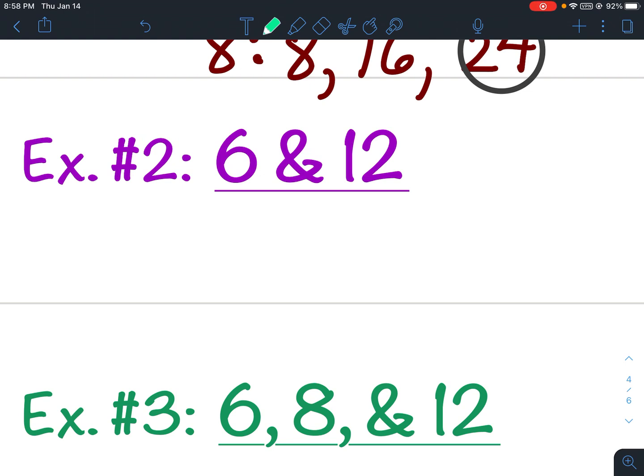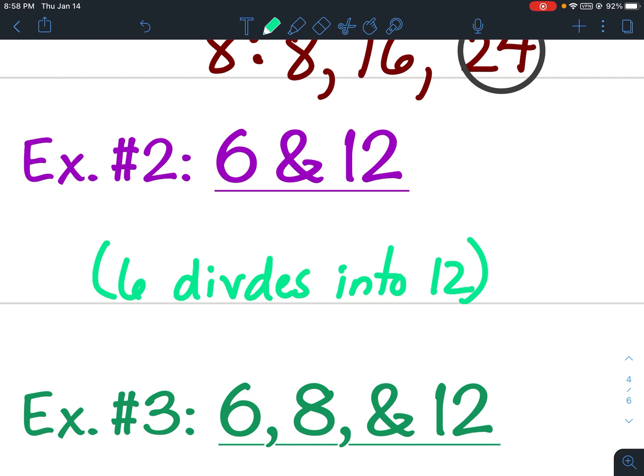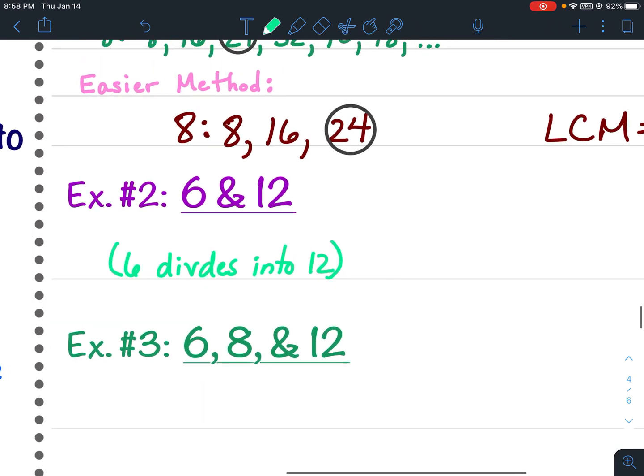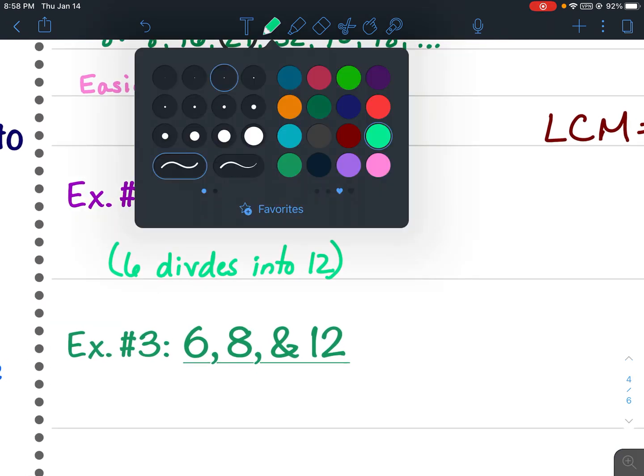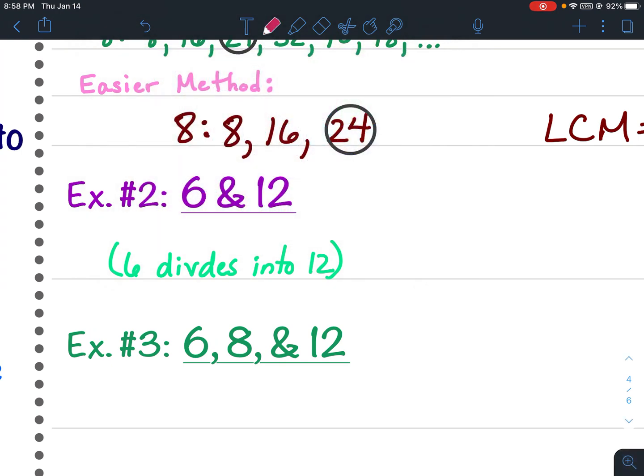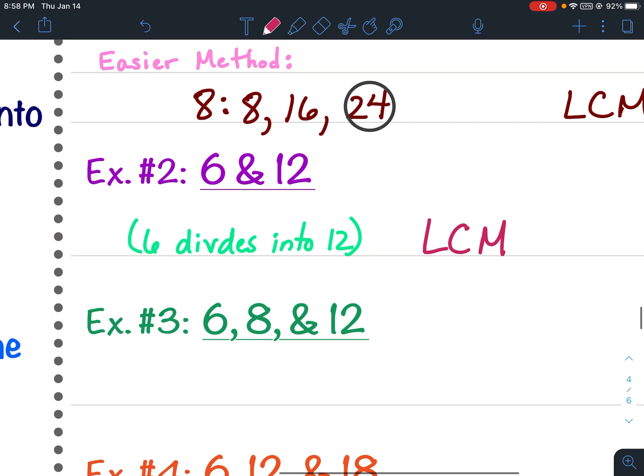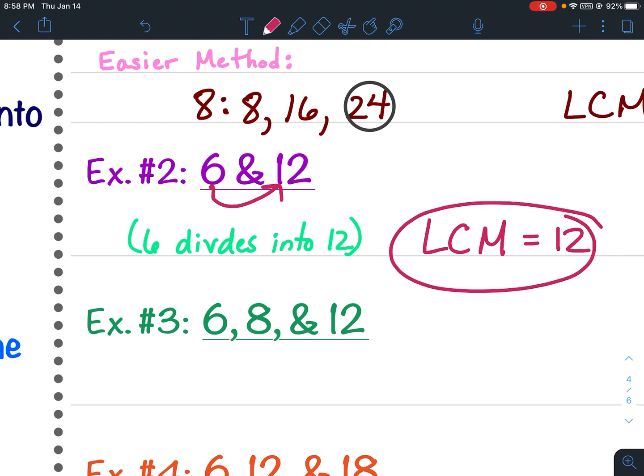Okay, so I want you to write in parentheses, 6 divides into 12. Because 6 divides into 12, that means our LCM is 12. There's no work involved. This number goes into that number, so that is our LCM.